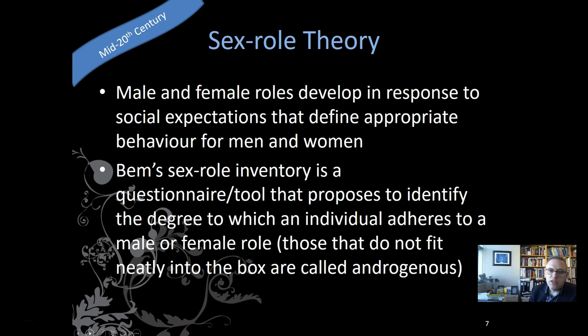This was an improvement because it did acknowledge that the expectations of being a man and a woman were very much influenced by society and what society felt was appropriate. Where it was still problematic was they still tended to view it in a very essentialized way, saying, well, in this society, this is the way men are, and this is the way women are.